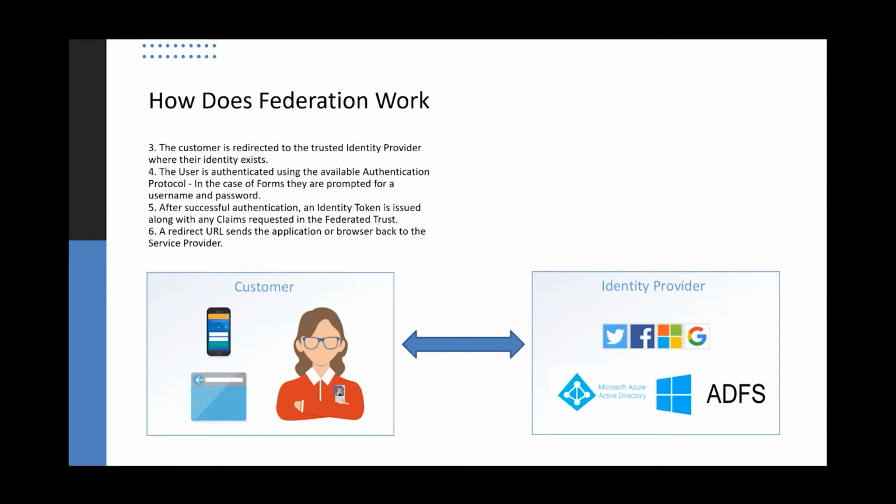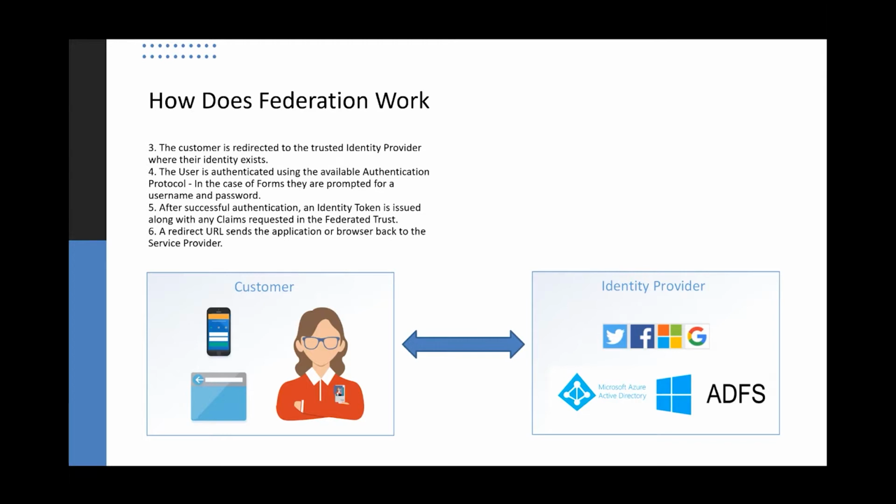Now, claims are basically just information about that user that the identity provider holds. So it could be something that's useful just in general, like name, contact details, address, maybe. A claim could also be something like group membership, like maybe your account is a member of a certain AD group, and when we get back to our service provider, that would dictate what access you would have to your service provider.